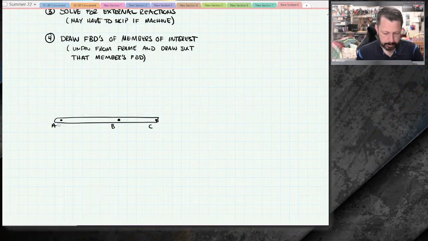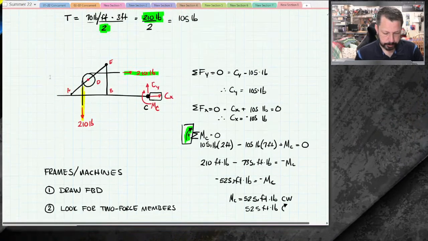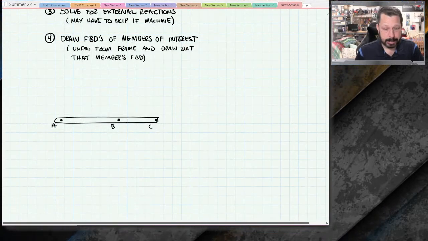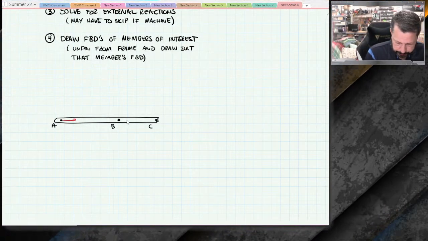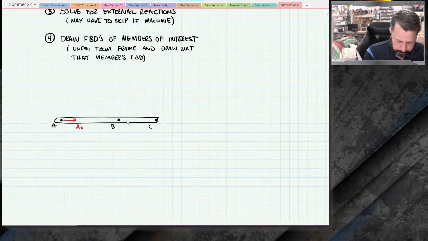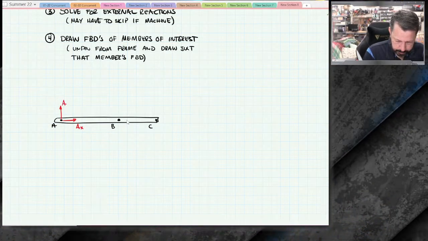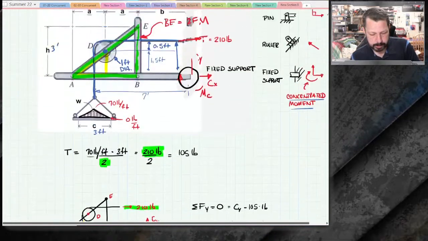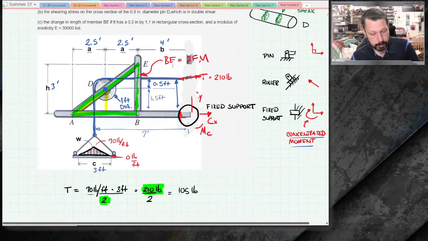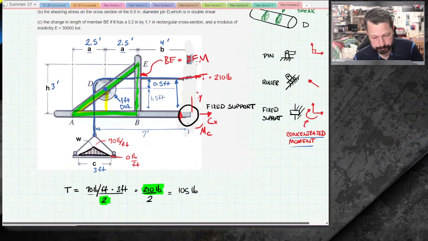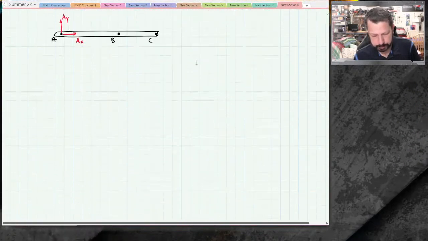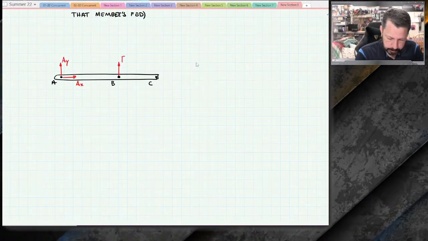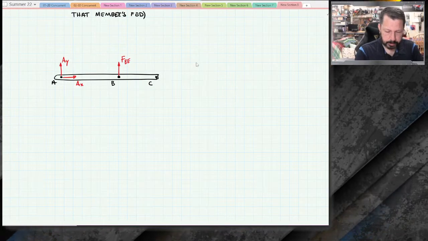Point A was connected to member ADE, that kind of diagonal one. It's just a pin, so I just have to put AX and AY. B is connected to member BE. Member BE is a 2-force member, so at B, instead of writing BX and BY, I can just write the force in member BE.